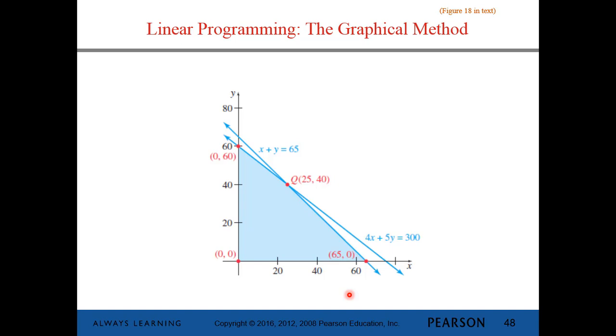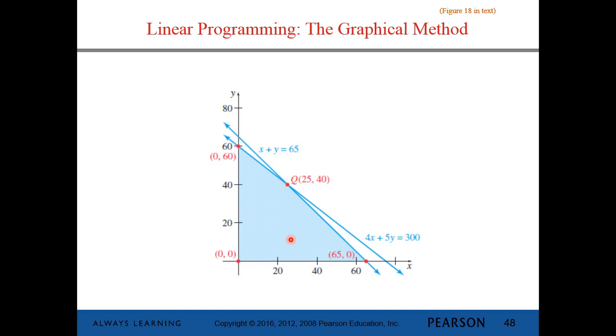Okay, so here is what we get when we plot all of the constraints. We know that we have to have the region bounded by these sides. This is where the two equations intersect, and then this is where they intersect.